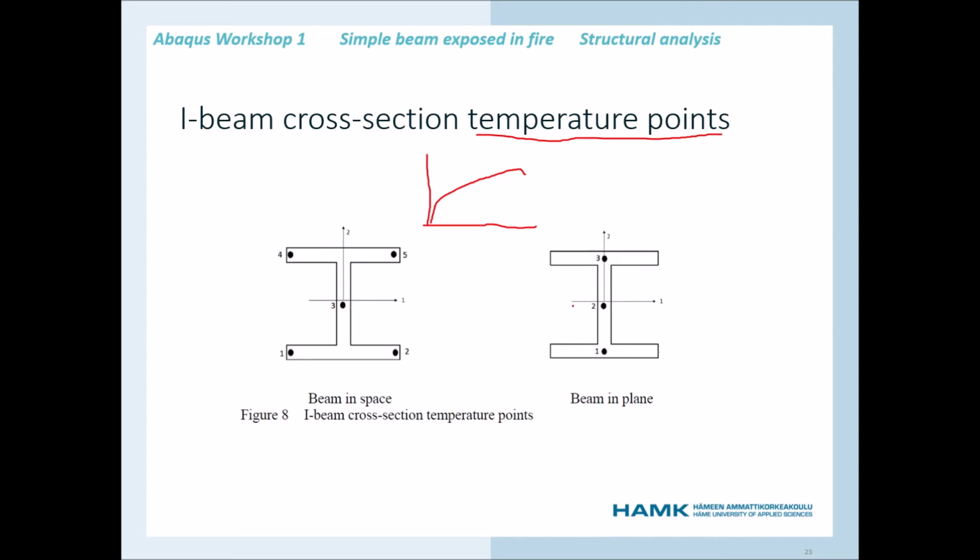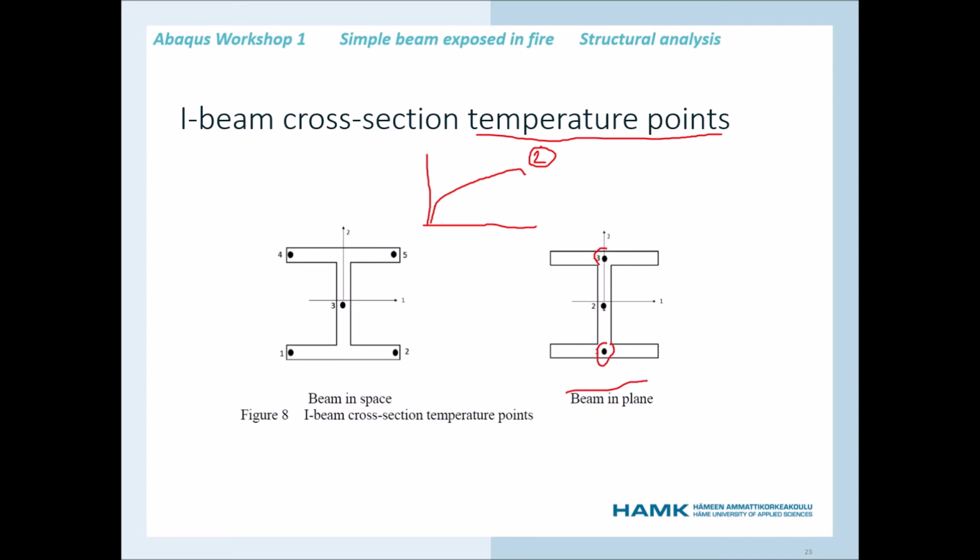So in the web here, this is the temperature 2, and we give this one, and with scaling we define at 0.3 and 0.1. So this is the beam in-plane example.